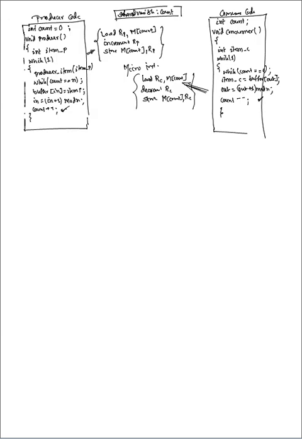Now let us see one by one what it is. Let us suppose I have a common buffer, and initially we have 3 items in the buffer: A, B, C. So this is indexing 0, 1, 2, up to n minus 1.